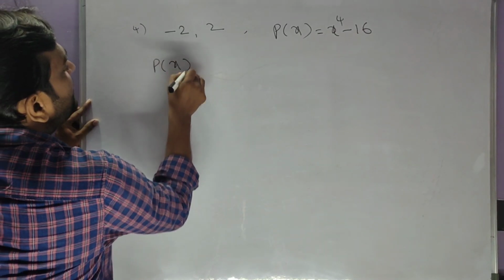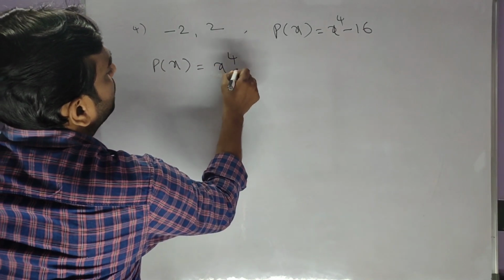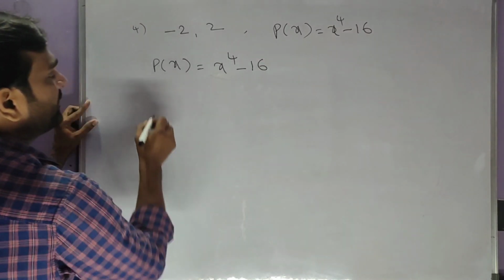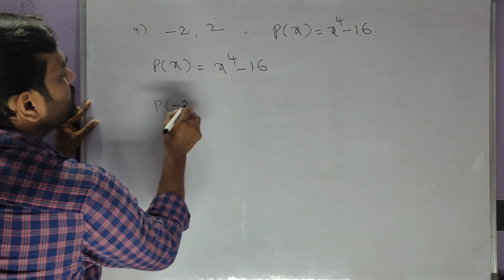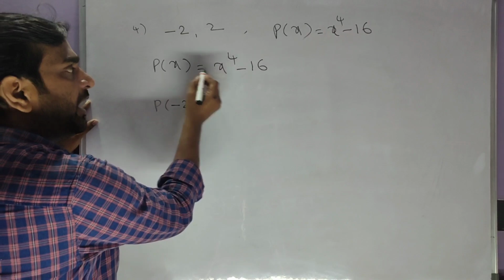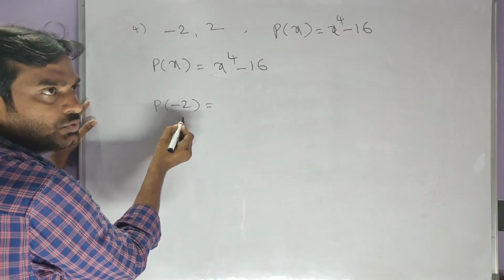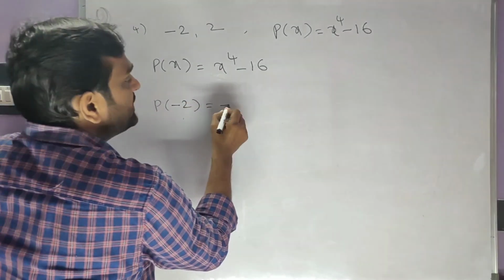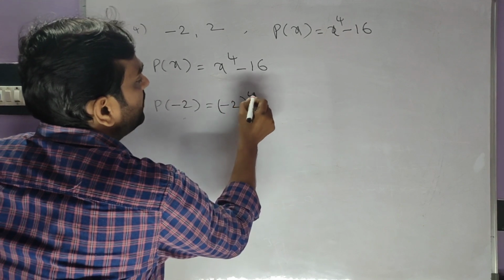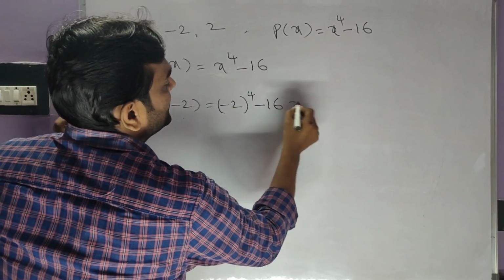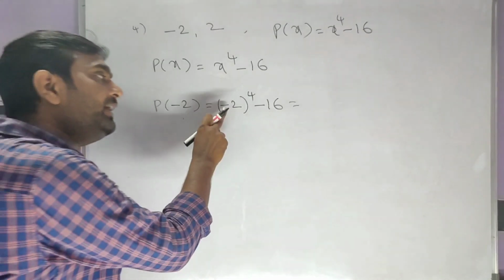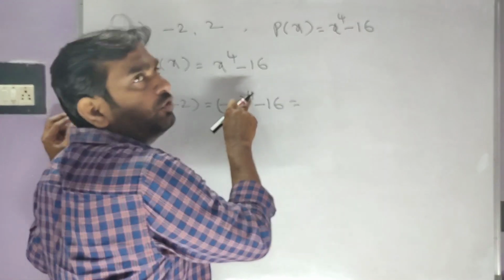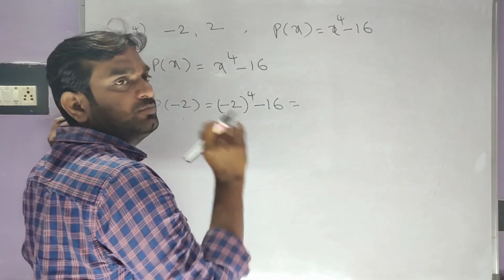P of x is given as x power 4 minus 16. P of minus 2 is equal to, at the place of x we have minus 2, so apply minus 2 in place of x. Minus 2 power 4 minus 16. Here minus is multiplied 4 times: minus into minus into minus into minus.